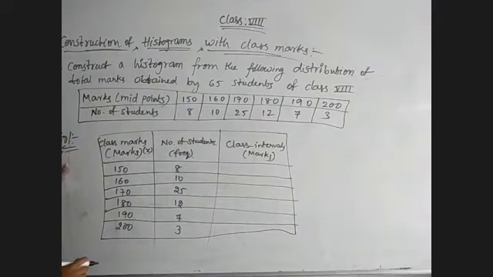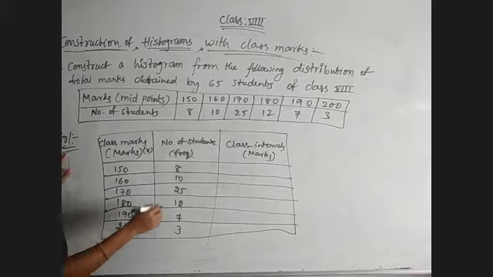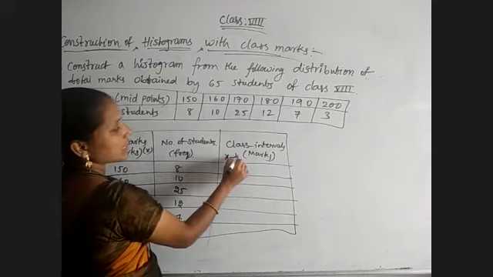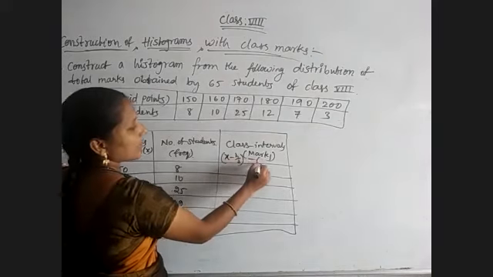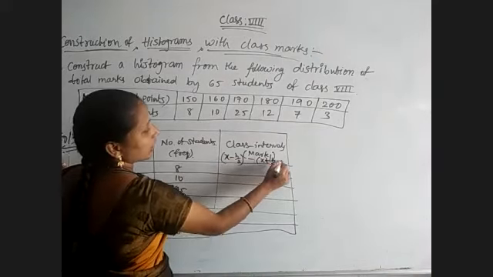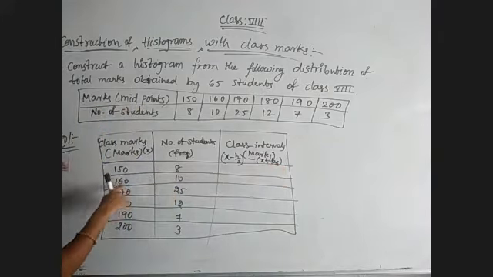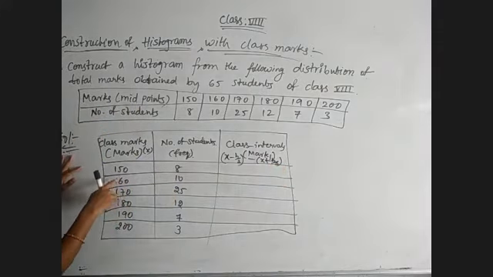Now, how do we find the class intervals when mid values are given? We have to get the lower limit of the class by the formula x minus h by 2, and the upper limit by x plus h by 2. Here h is the difference between two consecutive class marks.